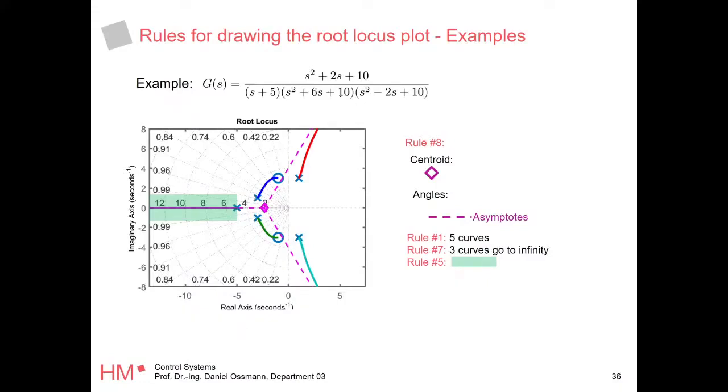Let's do this somewhere. The first pole is -5. This zero pair is the same polynomial as we had before. So our two zeros are at -1 plus minus 3i, right?